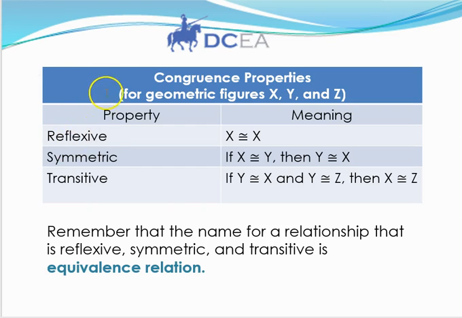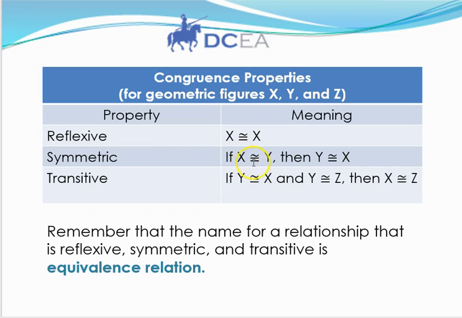So here's that table I told you to write about, and this should look familiar. Congruence properties for geometric figures x, y, and z. So we have the reflexive, symmetric, and transitive property. Their meaning: with reflexive property, x is congruent to x.